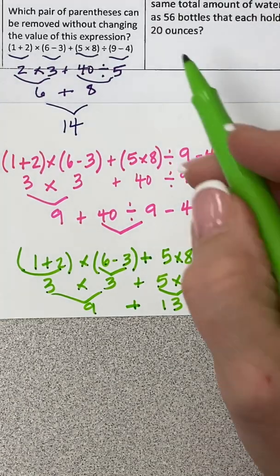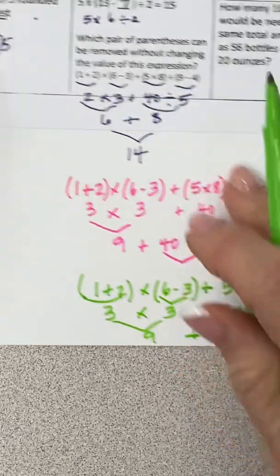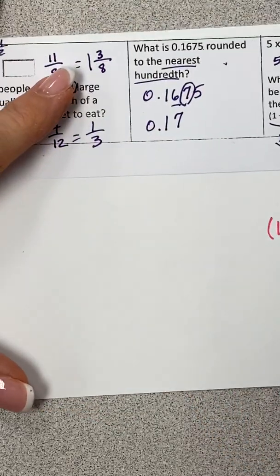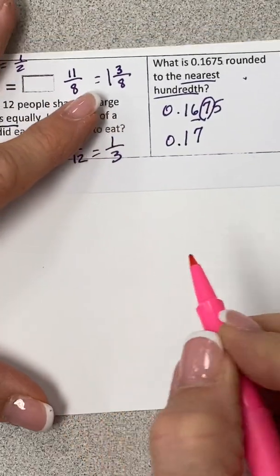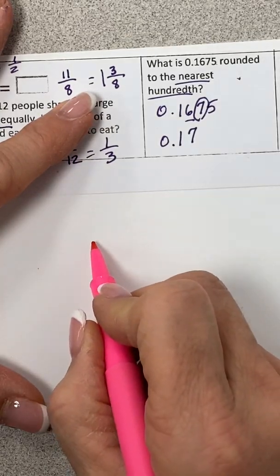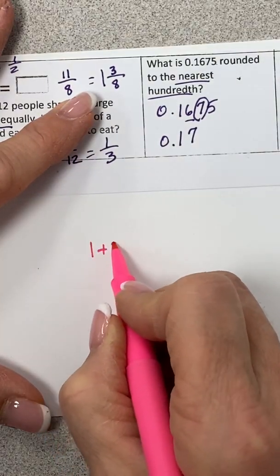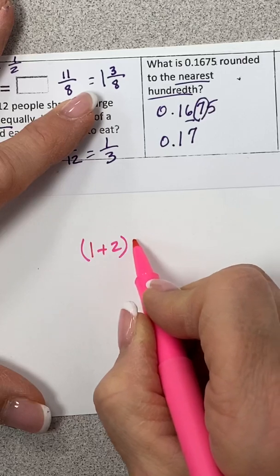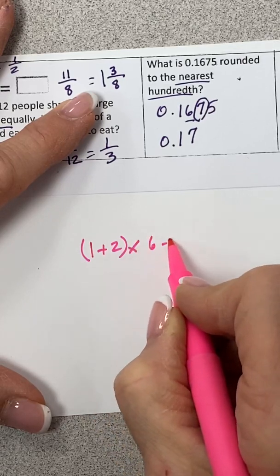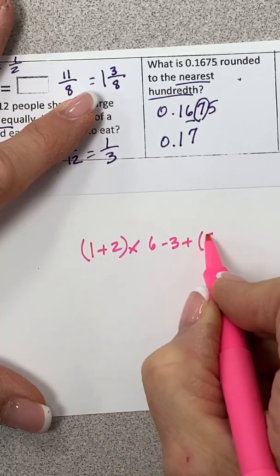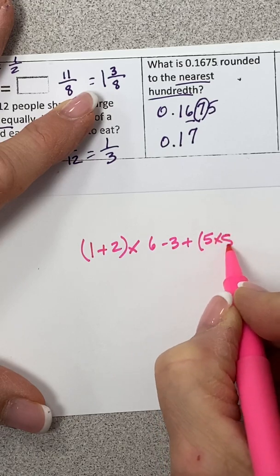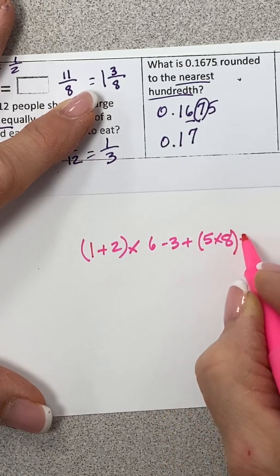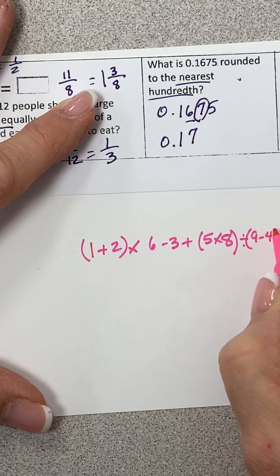So we've lifted off those and those. Now we could copy it again. This time we're going to leave off the parentheses of the second: 2 times 6 minus 3 plus parentheses 5 times 8 parentheses divided by 9 minus 4.